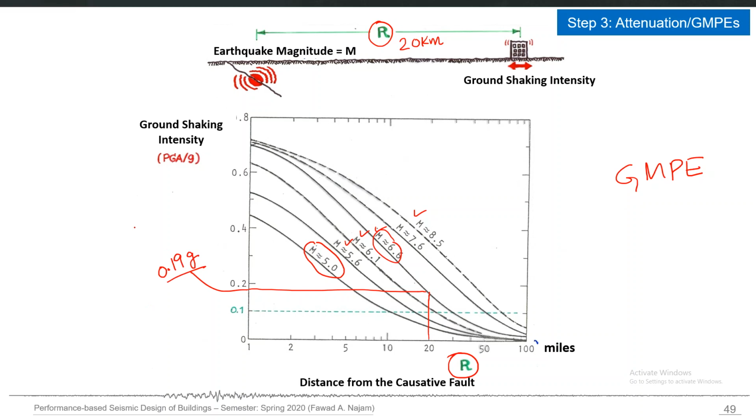So this 0.19 g corresponds to an M-R pair, the magnitude and distance pair, where magnitude in this case is maybe 6.6 and R is 20 kilometers. That's how you use this GMPE or attenuation model to come up with the peak ground acceleration at your site, given the earthquake parameters, for example magnitude and distance.